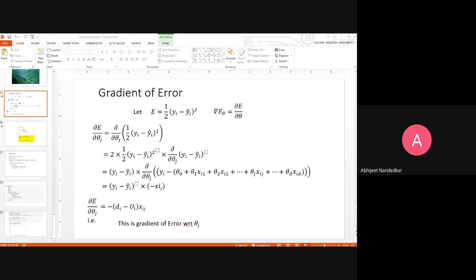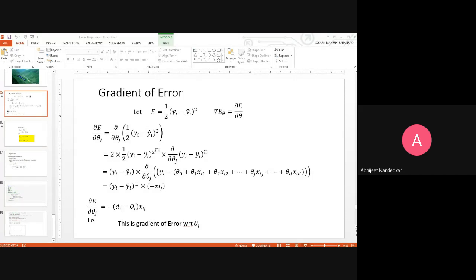You can note down this derivation on paper so that you will understand it. Otherwise, if I just run through it, you may not be able to understand. So write down along with me what is going on. This estimation y cap, I am writing in terms of a summation, j equal to 0 to d, of xij theta j.